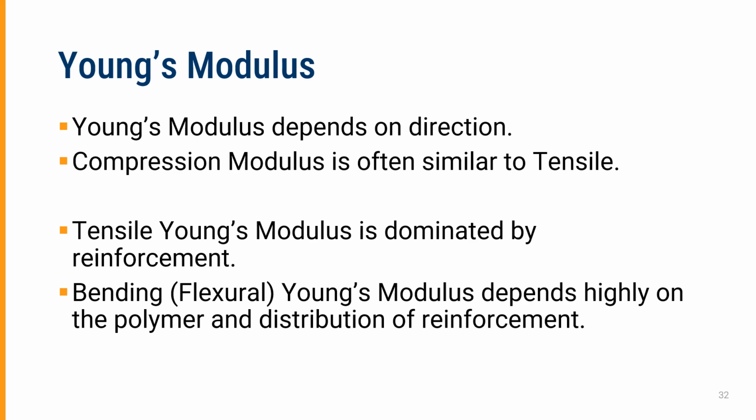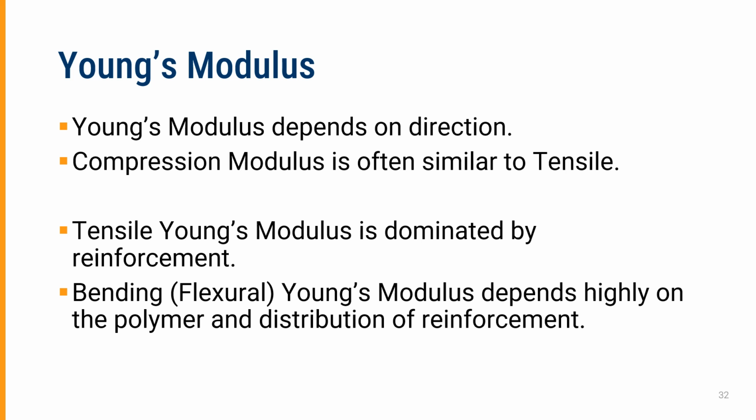And the tensile Young's modulus is dominated by reinforcement. Remember, I mentioned that glass reinforcement generally provides 87% to 97% of the tensile modulus and the tensile strength of FRP.